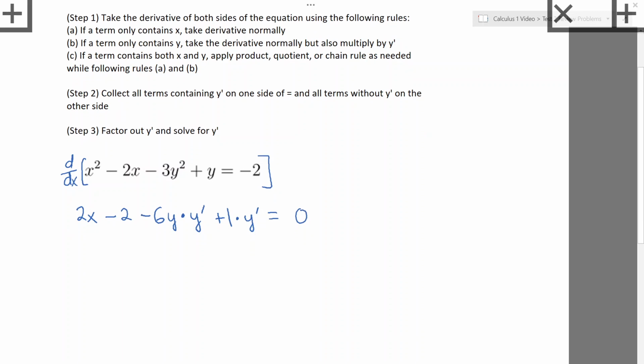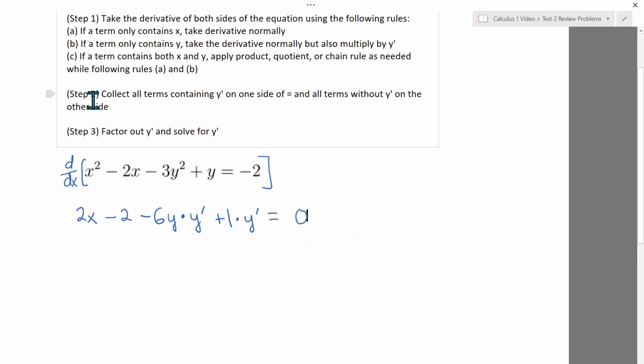Okay, so now we've taken the derivative of everything, so now we can continue to step 2. So you collect all terms containing y prime on one side of the equal sign, right? So this term has a y prime, and this term also has a y prime, and they're both already on the left side of the equal sign, so we leave them there. These terms don't contain y prime, so I want to move them over to the other side of the equation.